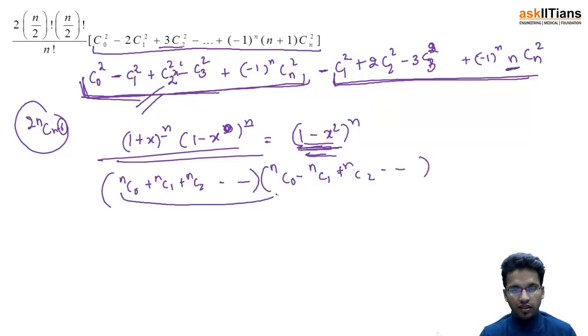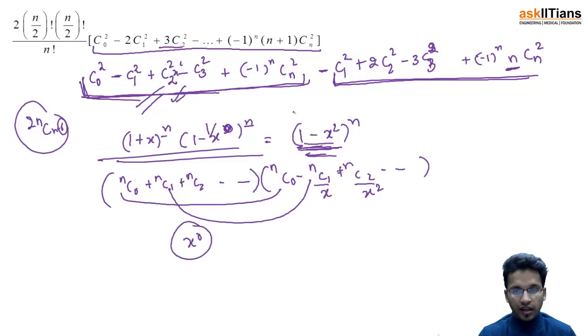The question says this one, then this one, then the next one. Now instead of this we could also have used this thing, 1 by x. The thing which becomes easier for us is that this will be the coefficient of x naught, and the simplification would have been x raised to power n in the denominator.